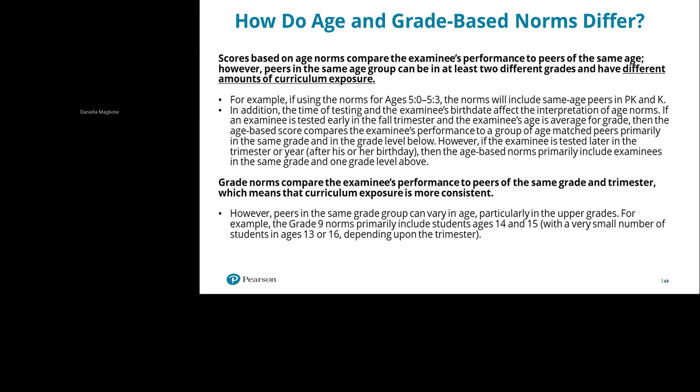As an example, I'd like to use my son, who is in the 9th grade and is currently in a geometry class, but he's in a classroom where there are 16 and 17-year-old students. Because math depends heavily on grade level placement and curriculum exposure, we may recommend that grade-based norms be used when evaluating math skills. So I hope that makes some sense.